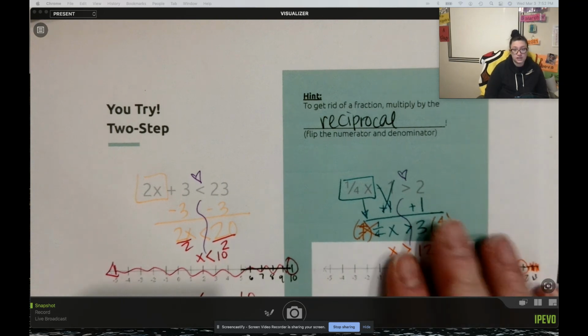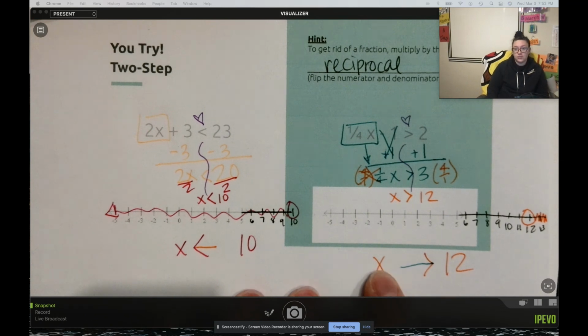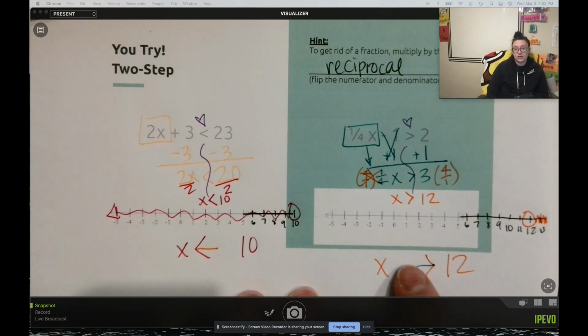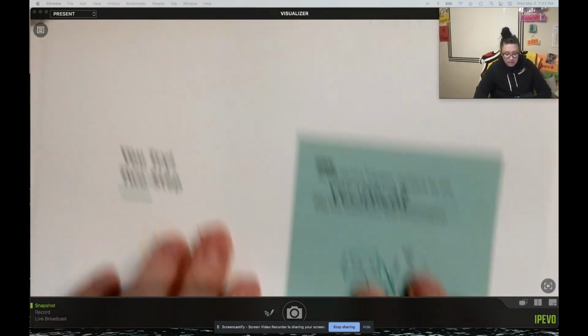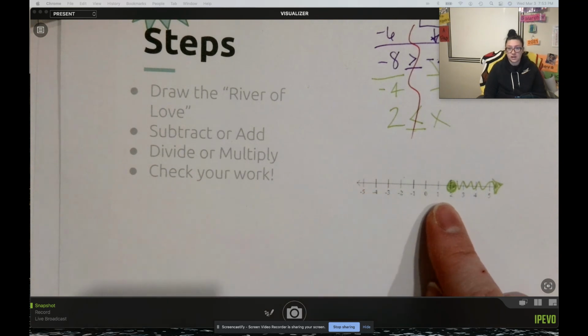And again, if you put it in this format when you're checking it, x first with whatever direction the sign should be, it'll point the arrow the way it needs to go. Here, we get x is greater than 12, so that means we shade to the right. Sometimes on your answer, you might not have the x coming first.